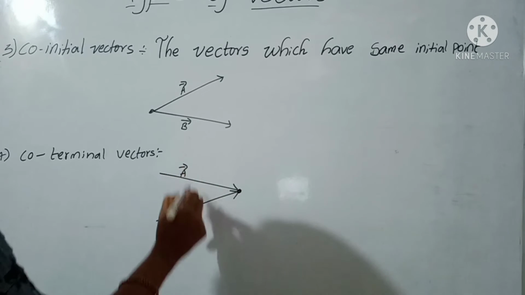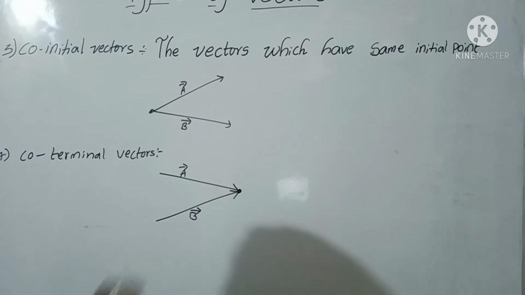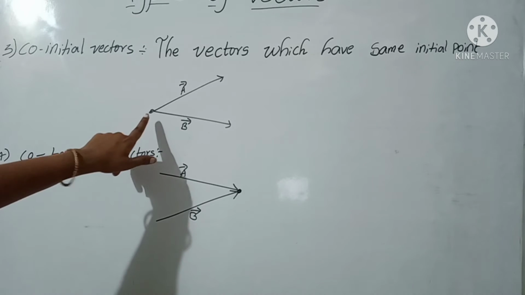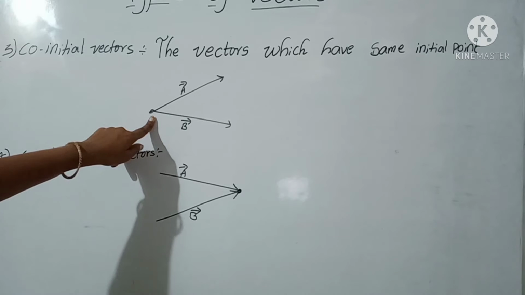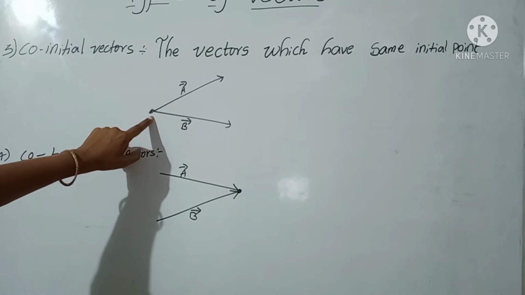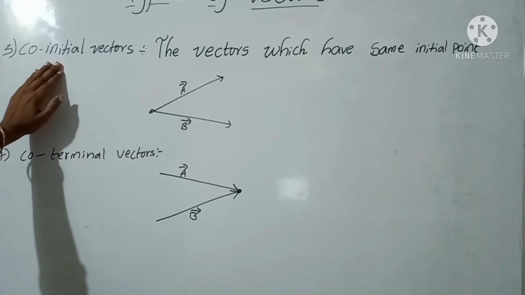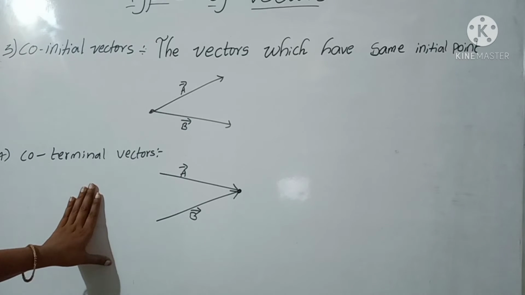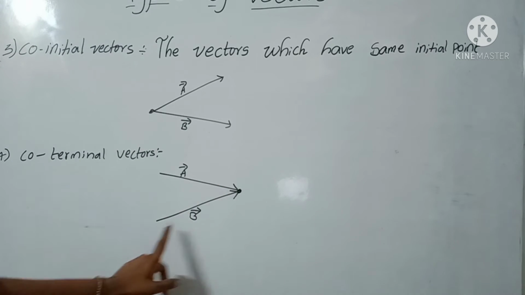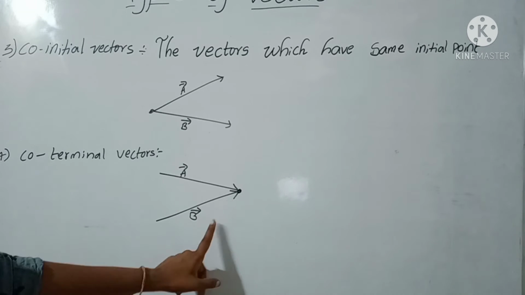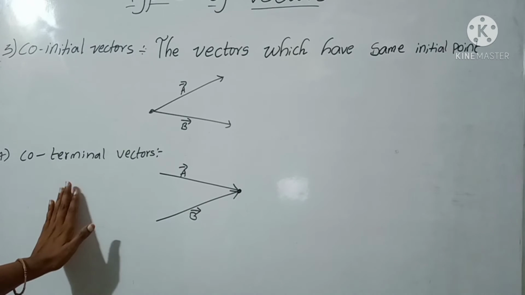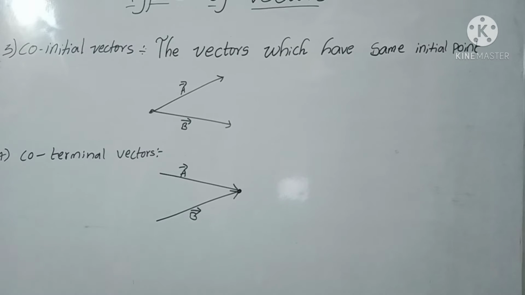So see here, the vectors which start from the same initial point are called co-initial vectors. See this one, the vectors having the same terminal point are called co-terminal vectors.